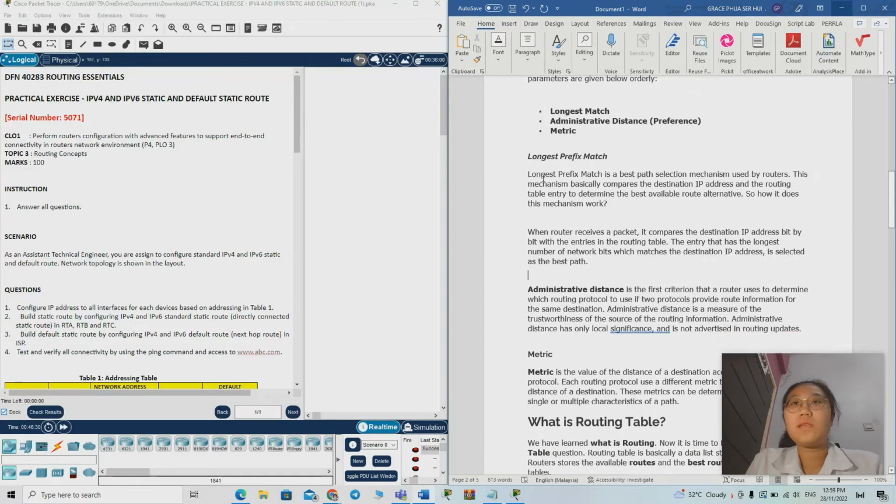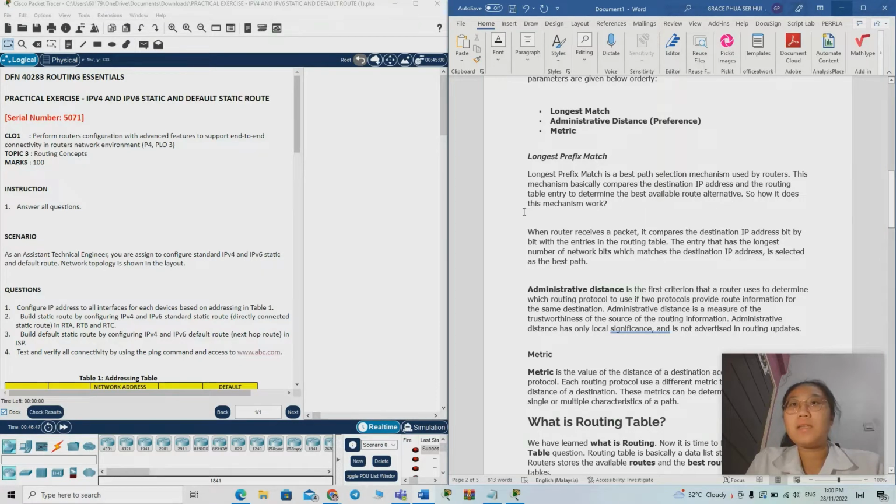Longest prefix match is a best path selection mechanism used by routers. This mechanism compares the destination IP address and the routing table entry to determine the best available route alternative.